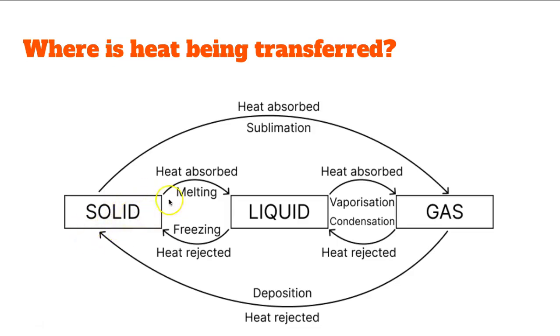When we absorb heat, it becomes a liquid, meaning the solid is melting. When that liquid absorbs more heat, it becomes a gas. On the other end, when a gas releases heat, when it gets colder, it becomes a liquid. And when a liquid releases more heat and gets colder, it becomes a solid. Let's think of this in terms of how the particles look in solids, liquids, and gases.